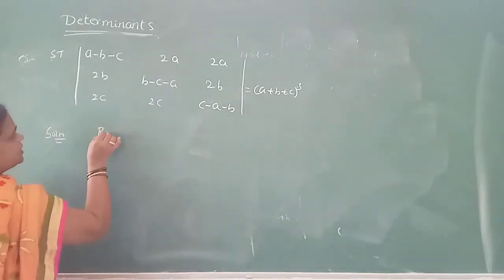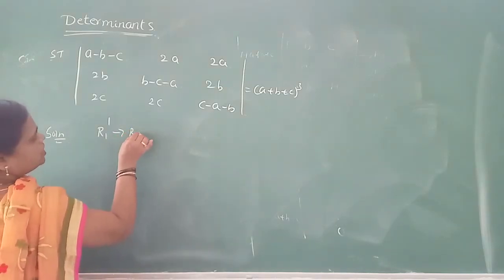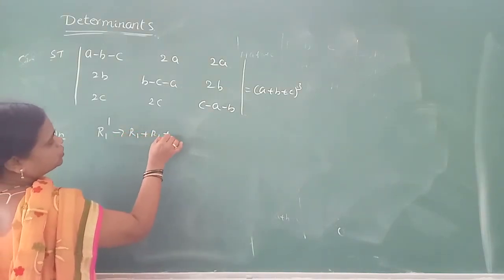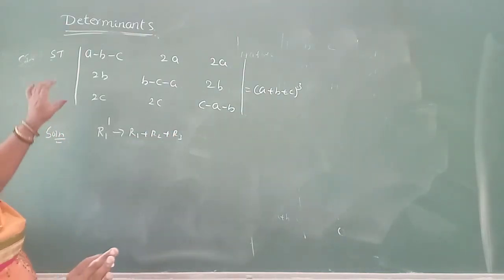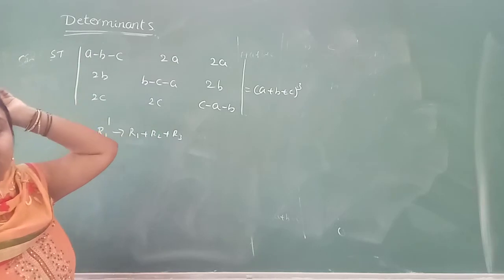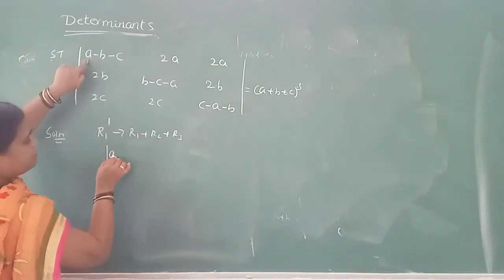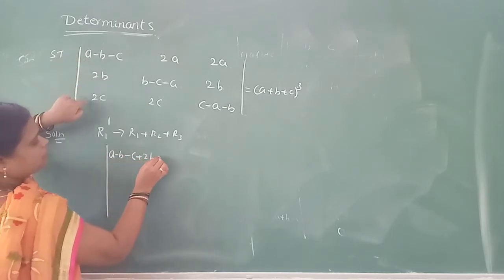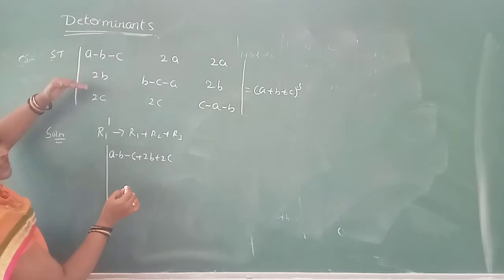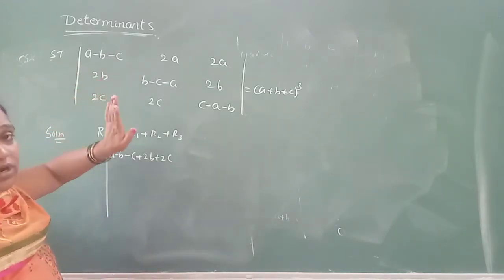We take R1 to R1 plus R2 plus R3, means everything we have done, the changes are in the first row. Please remember that. Second row and third row are as they are.